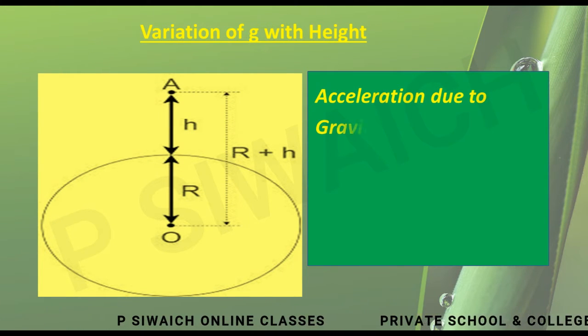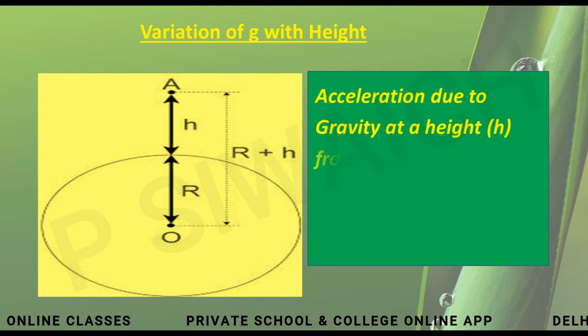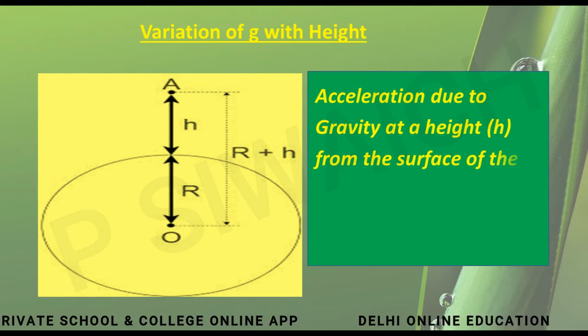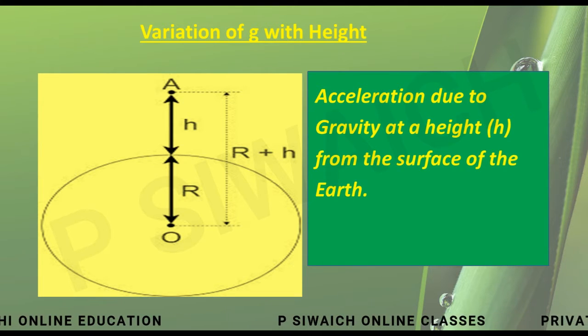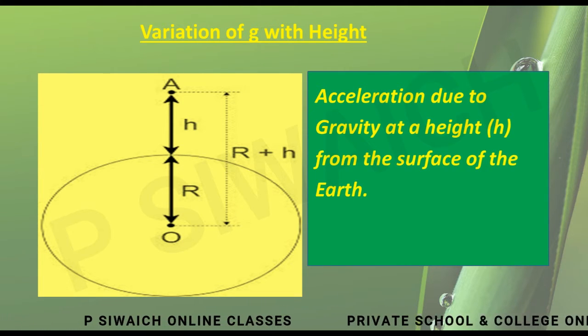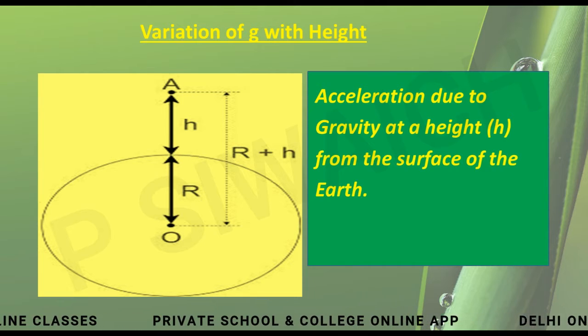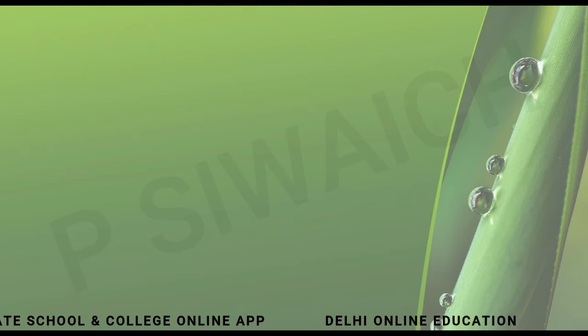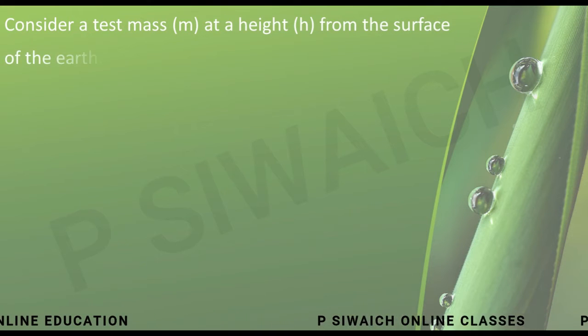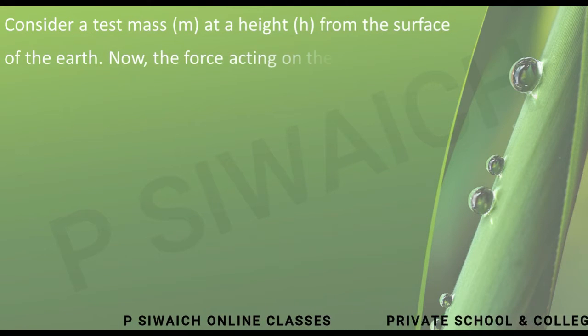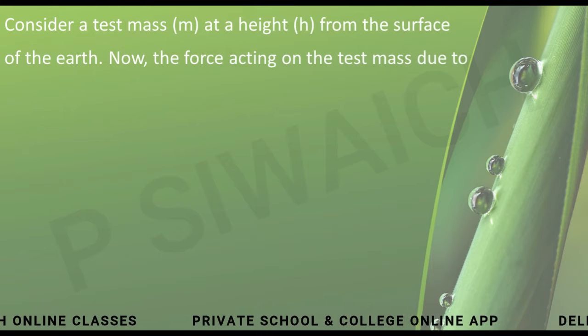Acceleration due to gravity at a height h from the surface of the Earth. You can see the acceleration of gravity from the surface of the Earth shown in the diagram. Consider a test mass small m at a height small h from the surface of the Earth.